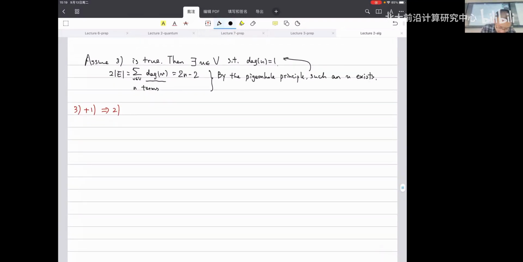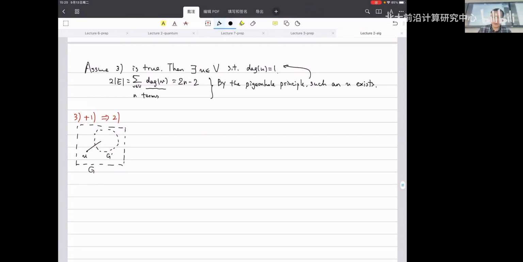Let's draw the graph like this. This is u, and because we know it has degree 1, there exists exactly 1 edge like this. Then you have the other parts of the graph, which we can call G prime. And this in total is your graph G.